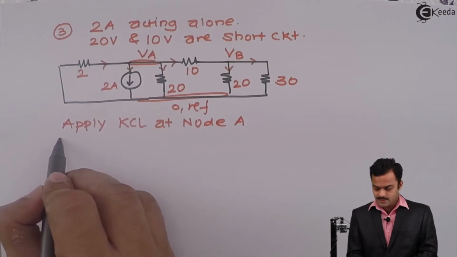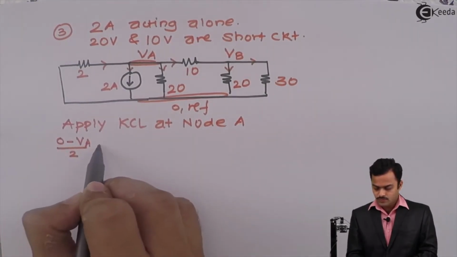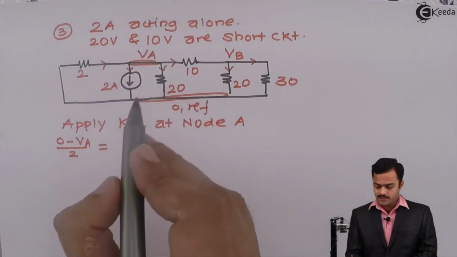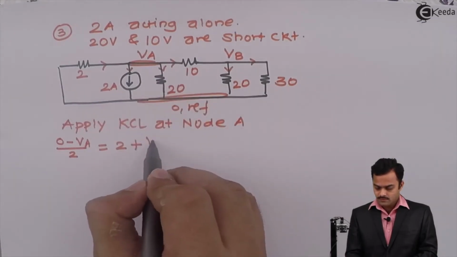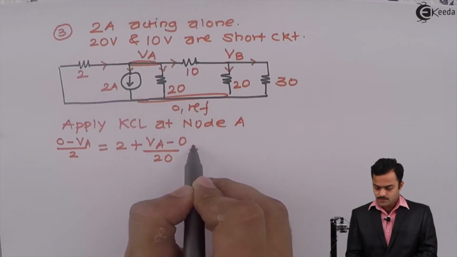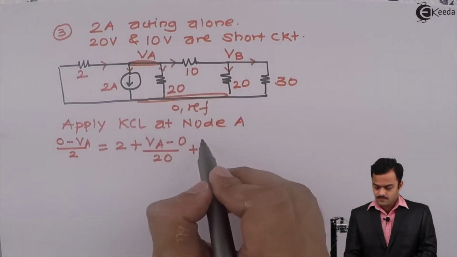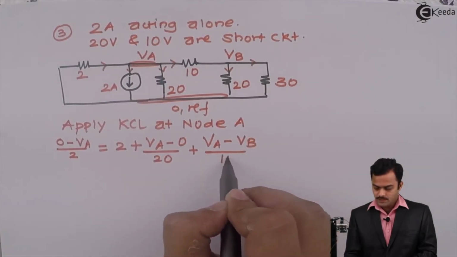So for incoming current, it is 0 minus VA divided by 2 equal to one outgoing current, which is the 2 ampere current source as it is, plus VA minus 0 divided by 20 plus VA minus VB divided by 10.